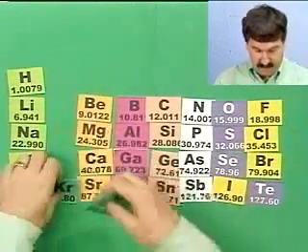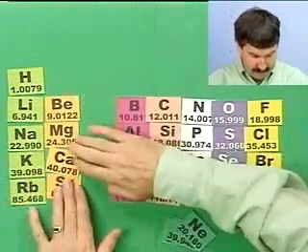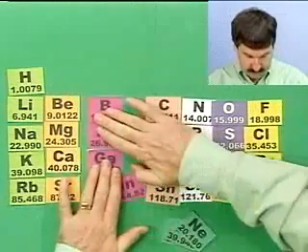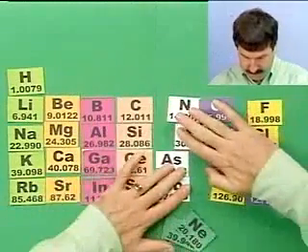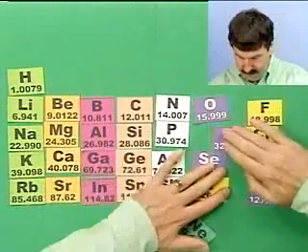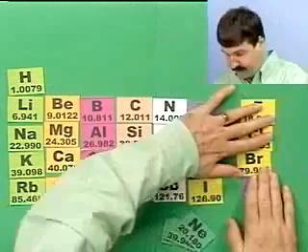So let's go ahead and move these guys out of the way. I'll slide these guys back to where we had it. And again, this is essentially the process that Mendeleev went through.